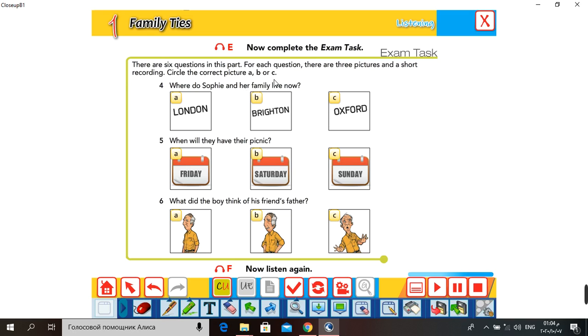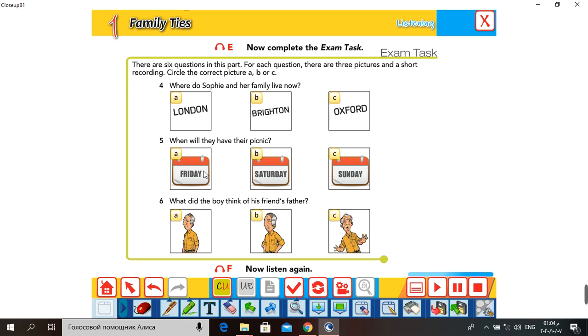Now we're going to continue the next part. Number 4, where do Sufi and her family live now? Of course, the question with where, the answer will be a place. We have 3 places: London, Brighton, and Oxford. Question number 5, when will they have their picnic?